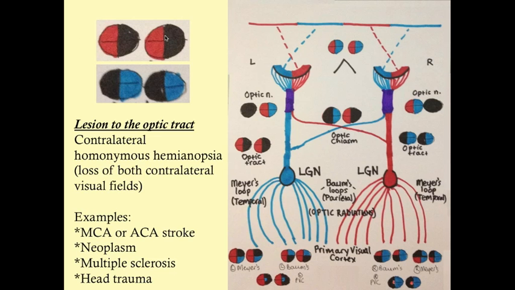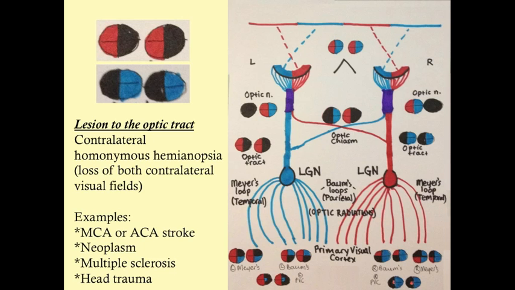So either you're going to lose both of your left visual fields if you have an optic tract lesion on the right side, or you're going to lose both of your right visual fields if you have an optic tract lesion on the left side. Things that can cause this are stroke, particularly MCA or ACA stroke, neoplasm, multiple sclerosis, or head trauma. And usually it'll only cause one side or the other.